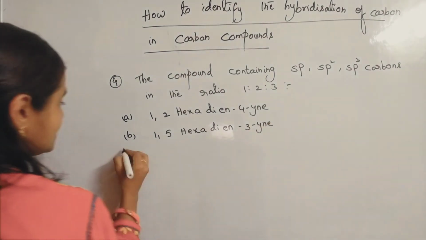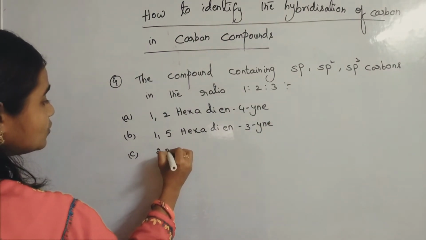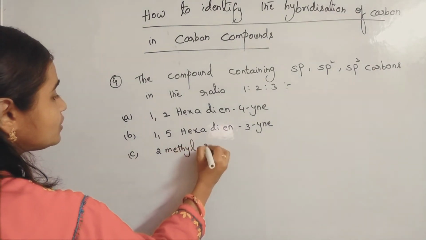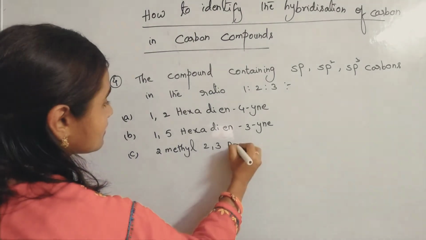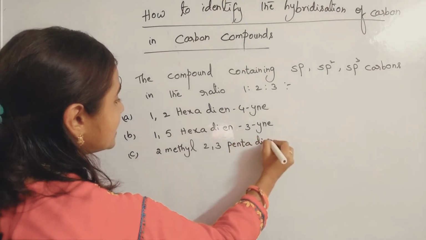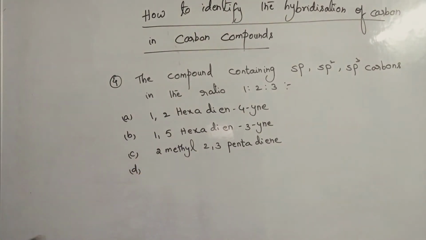This is option B. And option C, 2-methyl-2,3-pentadiene. This is option C. And option D, all the above.